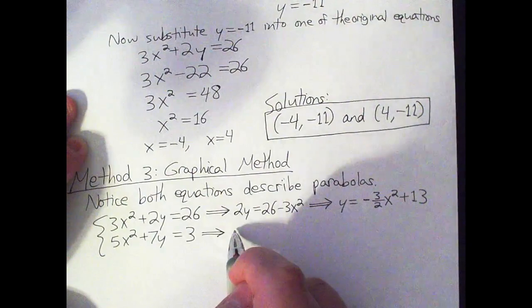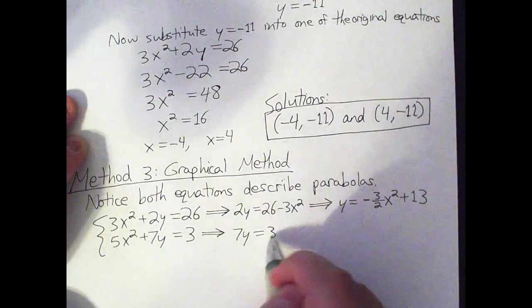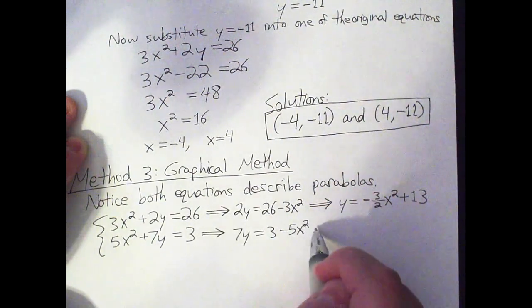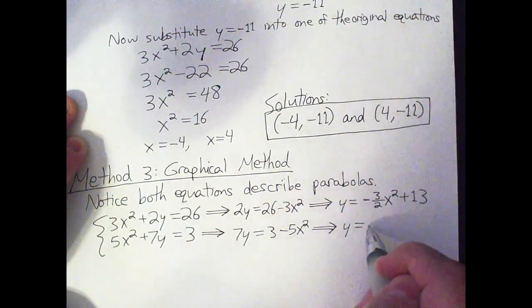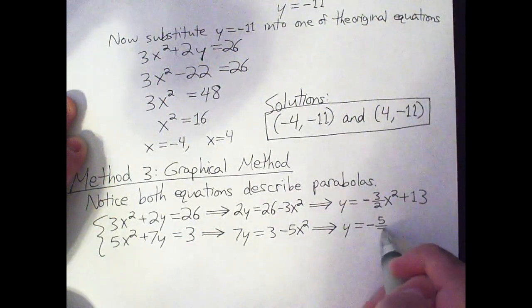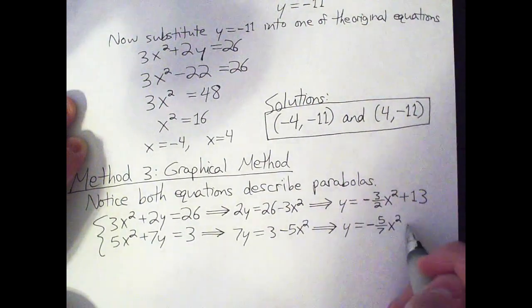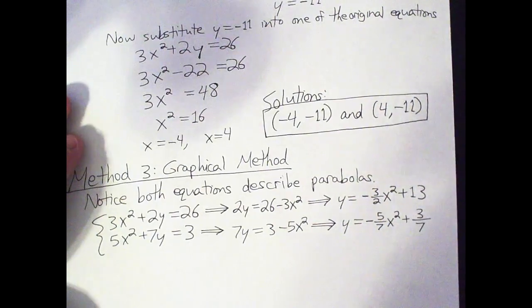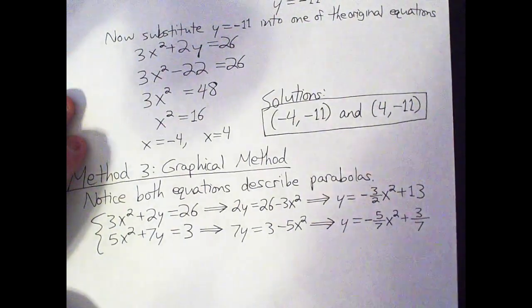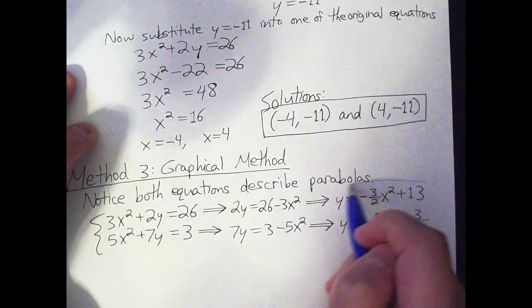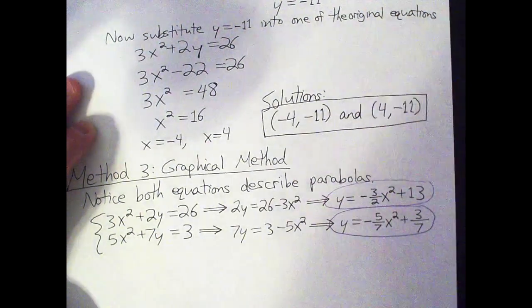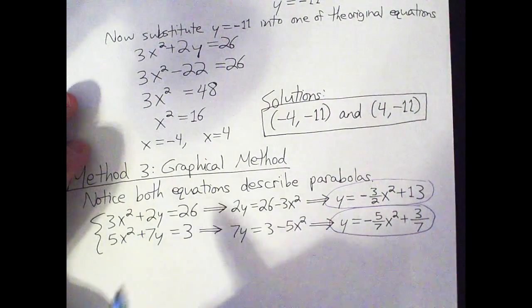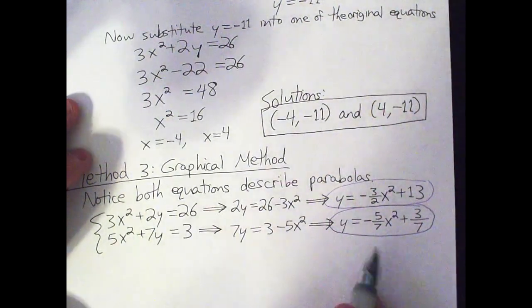Over here on this one, you'd get 7y equals 3 minus 5x squared, which can be turned into y equals negative 5/7 x squared plus 3/7. I'm going to circle these. This is not the form that they were given in, but this is equivalent to the original system.